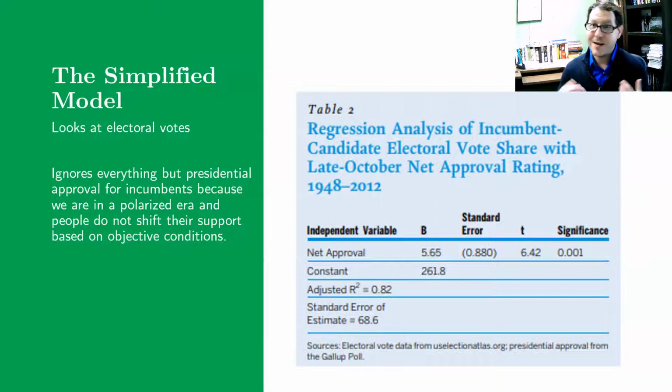And he says, if you want to predict electoral college votes, what you need to know is the incumbent. Are they popular or not? And for every net approval point, we should expect them to pick up 5.65 additional electoral college votes, starting at a baseline intercept, a constant of 261.8.